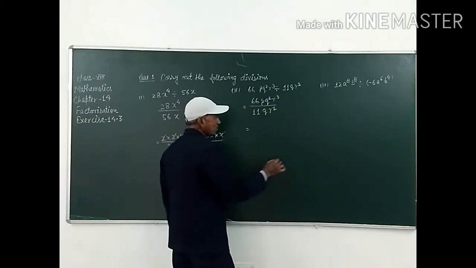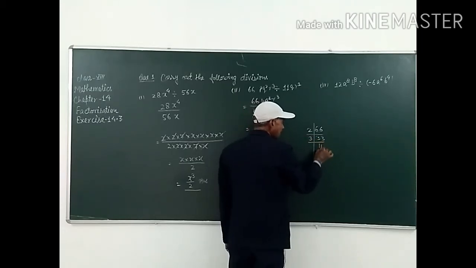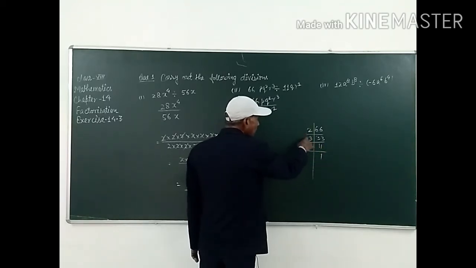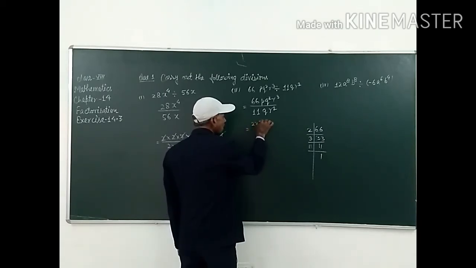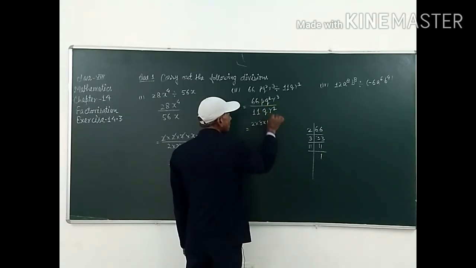So, 66, students, we have to find the factors of 66. It will be 33, again by 3 it will be 11. So, after 11 it will be 1. So, factors are 2 into 3 into 11. So, 2 into 3 into 11 into this p q square.